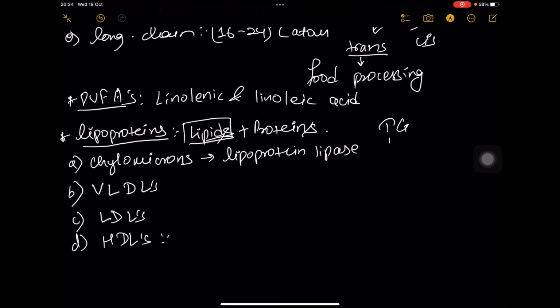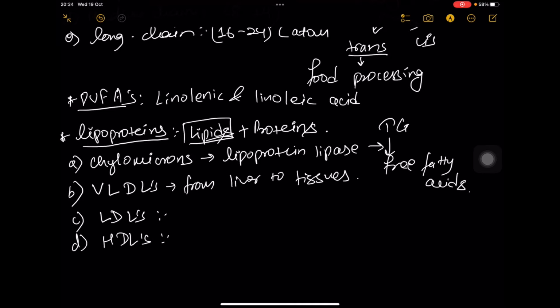It converts the triglycerides into free fatty acids. Another is very low density lipoproteins. They are produced in the liver and intestine and they are responsible for transport of triglycerides from liver to tissues.